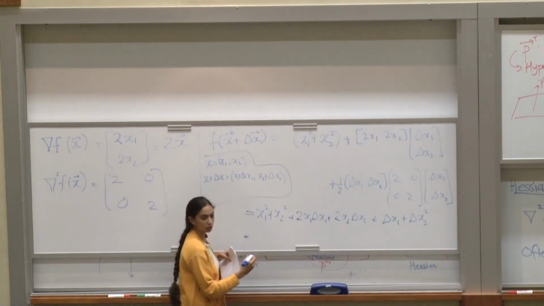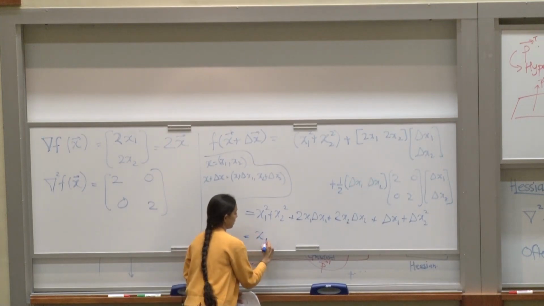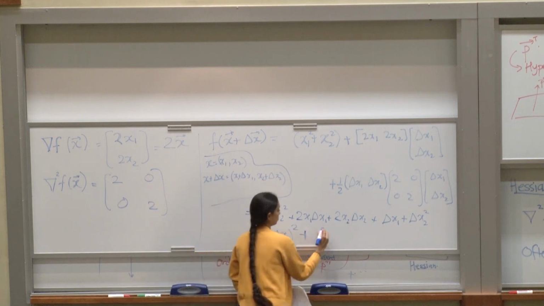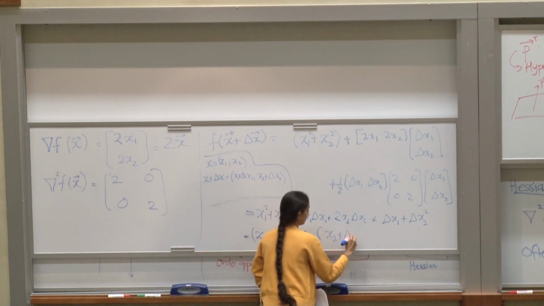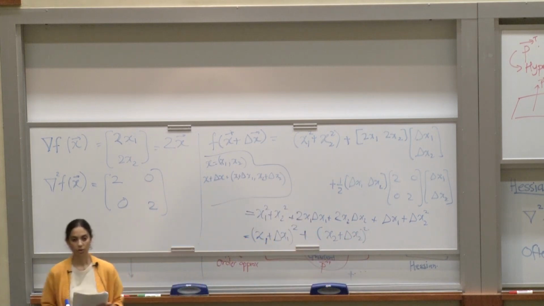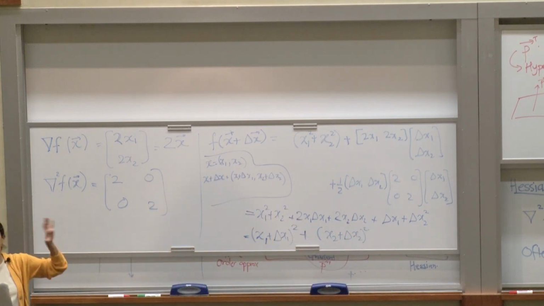And doing some rearranging, this is equal to x1 plus delta x1 whole squared plus x2 plus delta x2 whole squared. So in this case, what is the error in your approximation? 0.